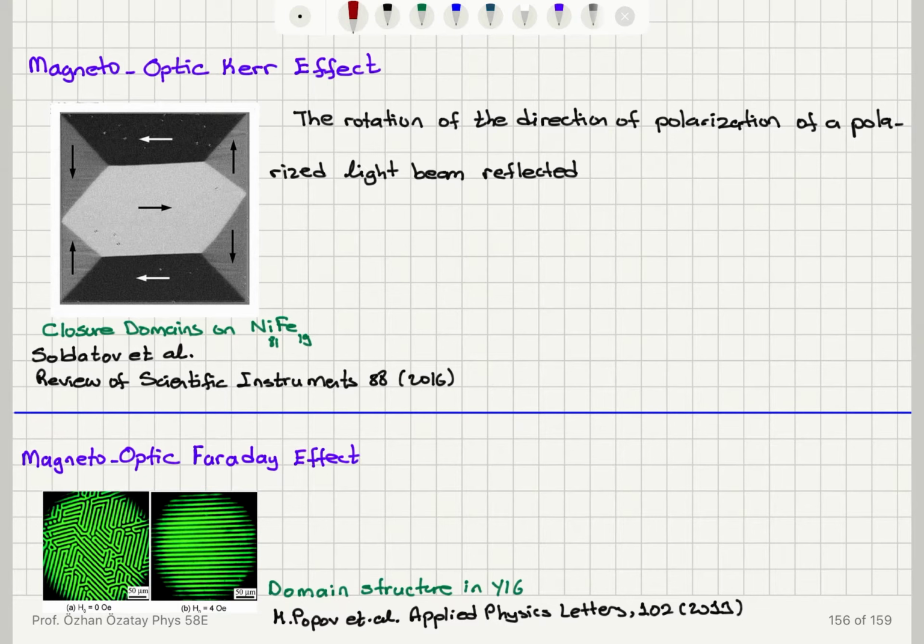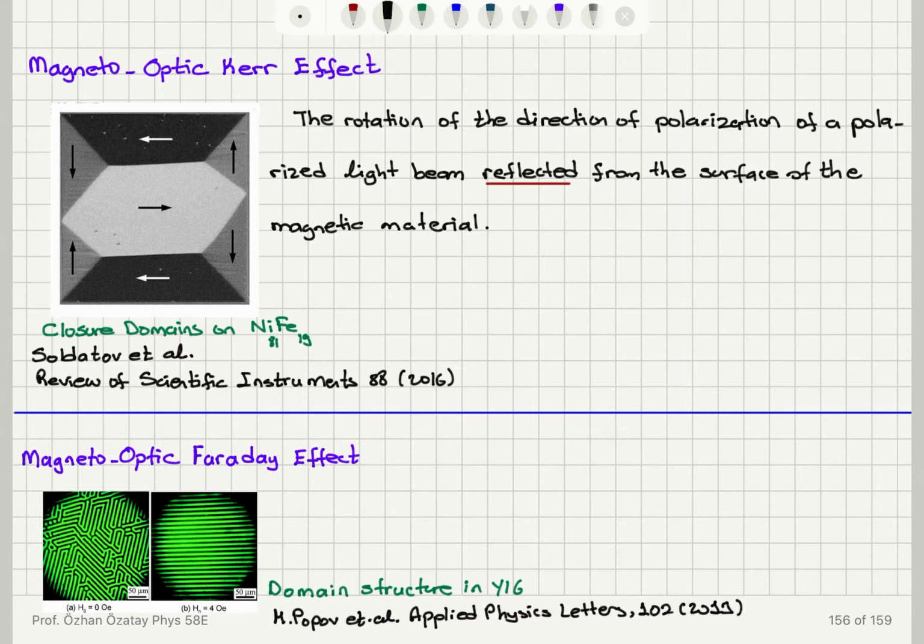Reflected is an important word here because we also have a transmitted version. Reflected from the surface of the magnetic material. This is called the magneto-optic Kerr effect.